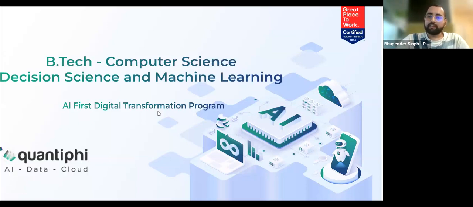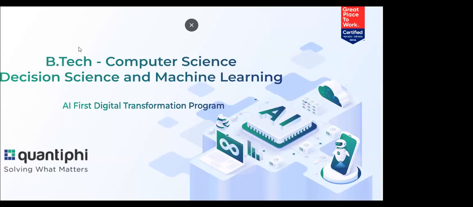So definitely it will leverage you with all the experiences as well. That's all about. Okay, thank you so much for introducing and helping us understand your experience at Quantifi being an LPU alumni. Great, thank you.